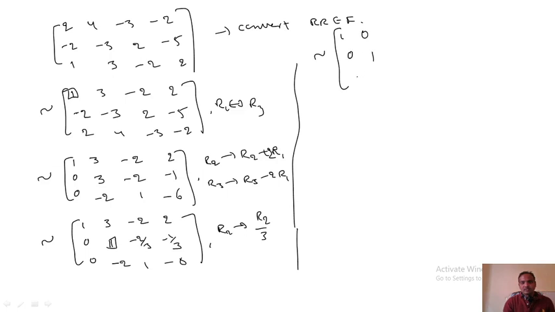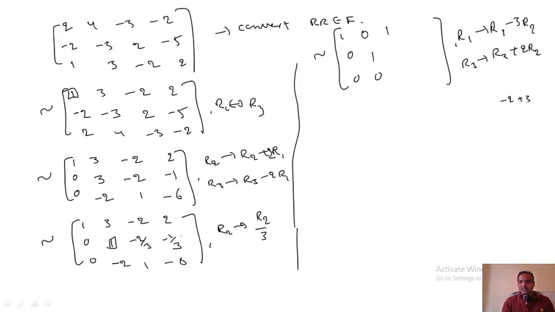This is 0 1 0 0. Now what do we have to apply? Apply R1 minus 3R2. Apply R3 plus 2R2. Now simplify this one. Minus 2, 3 cancels, minus 2 plus 3 is 1.